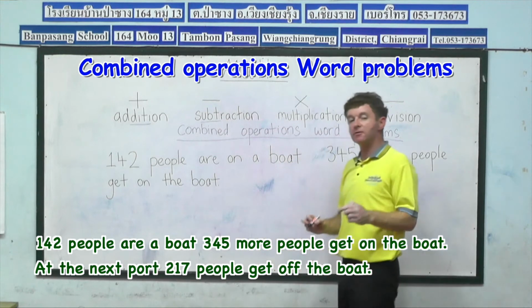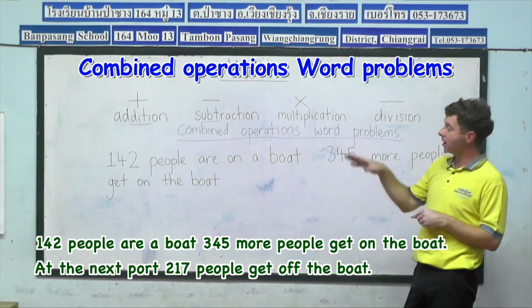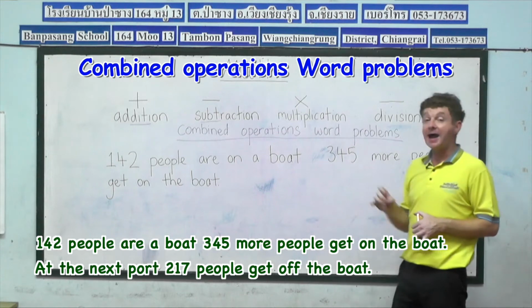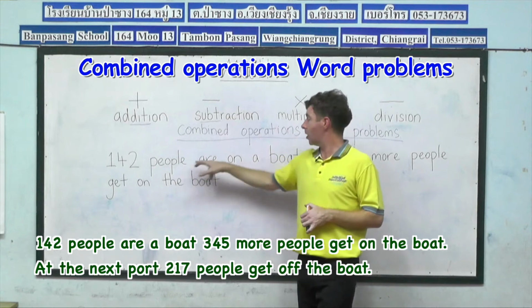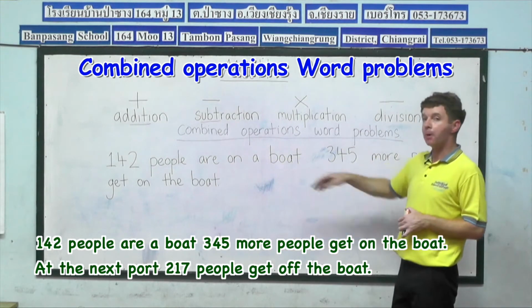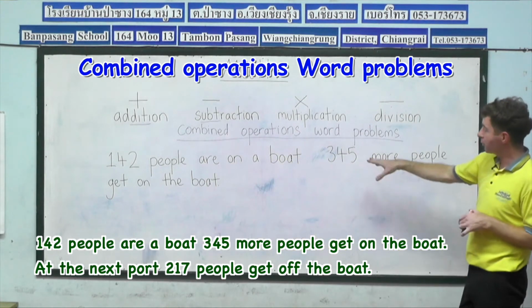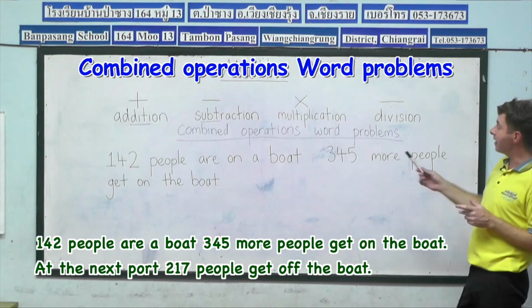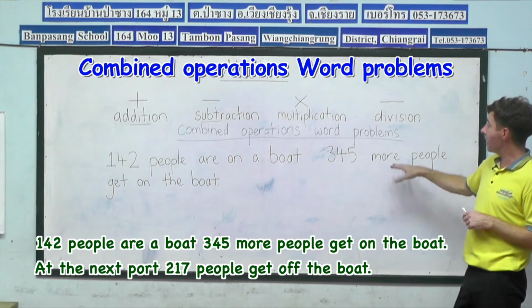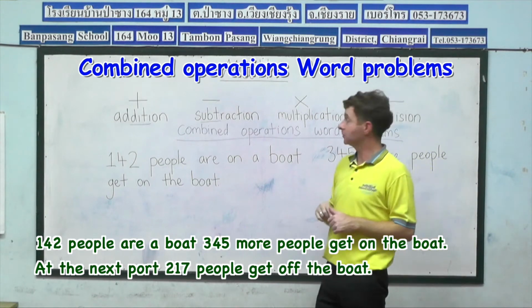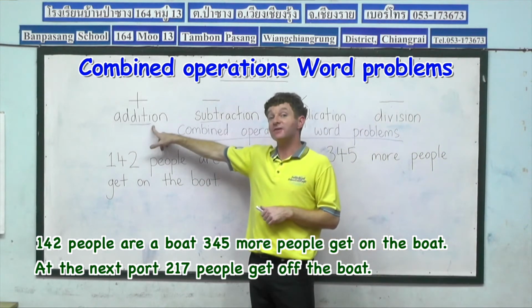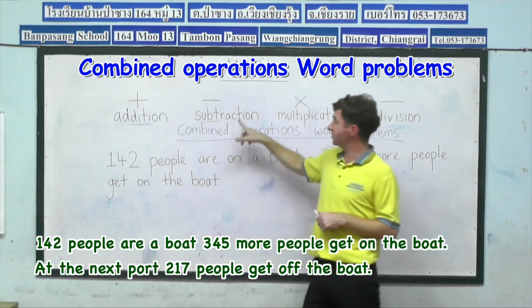Okay, so let's read the first part of the word problem together. 142 people are on a boat. And then 345 more people get on the boat. So now we have our addition calculation. What's the next part that we need, guys?